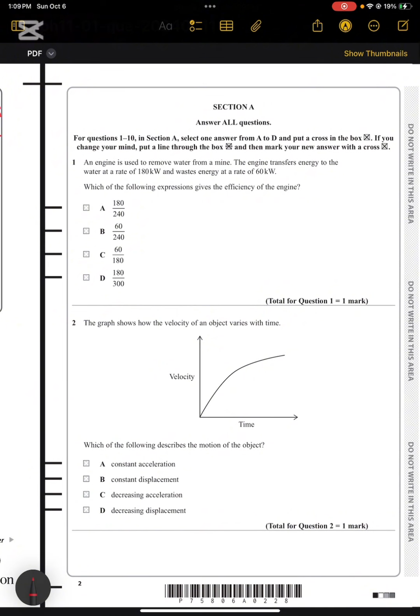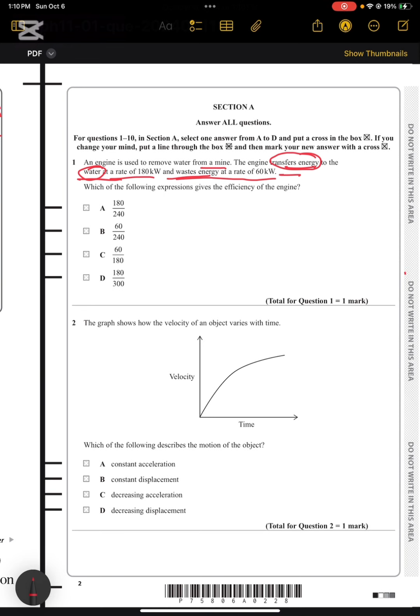In question number 1, they have said an engine is used to remove water from a mine. The engine transfers energy to the water at a rate of this, and wastes energy at a rate of this. So basically the engine transfers energy to the water and to waste.